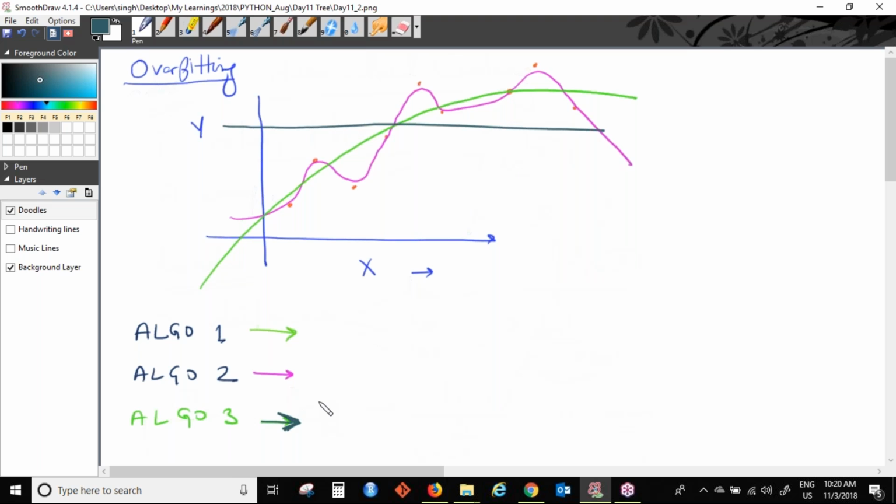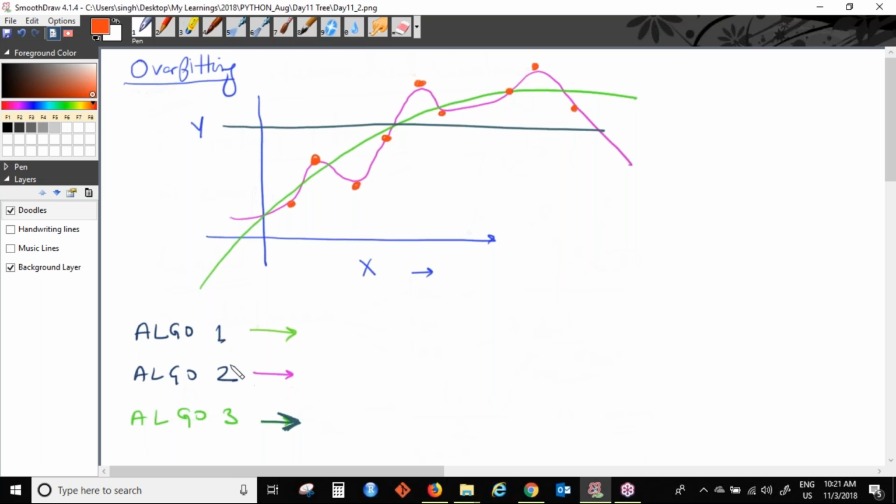Okay, now look at the three colors. Okay, guys, look at the three colors, the pink one, the green one, and the gray one. Each of these represents the function according to algorithm 1, 2, and 3. And the points that you see on the graph are the points that you have to predict. So these are your y.